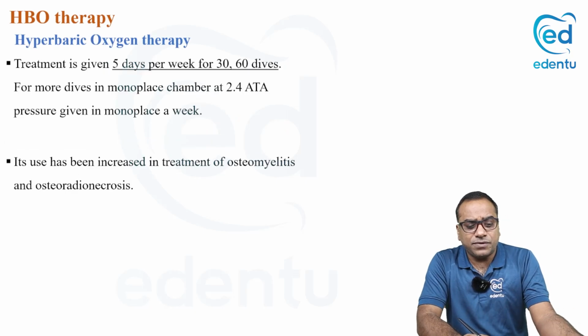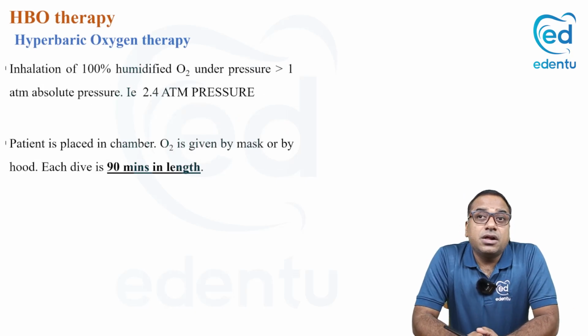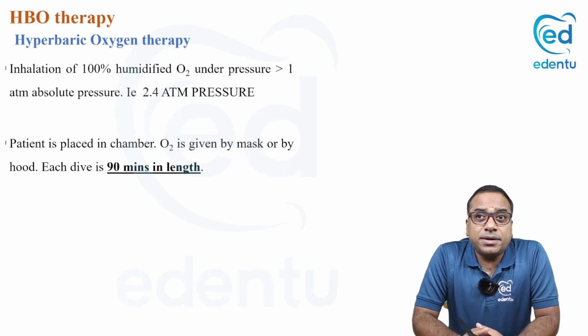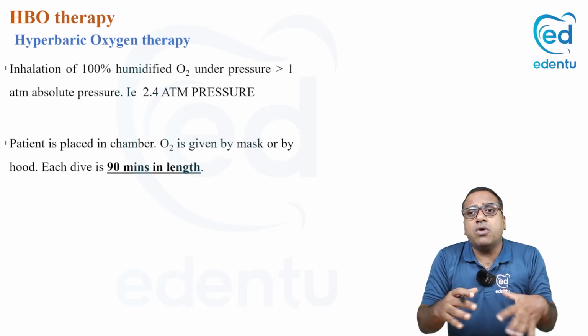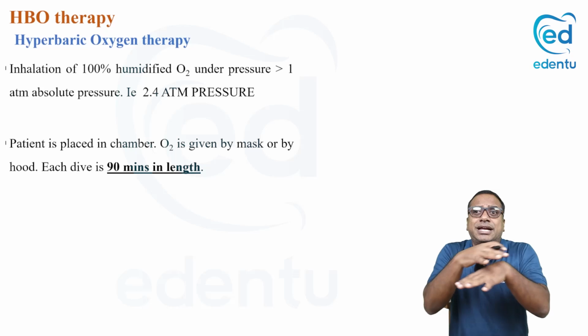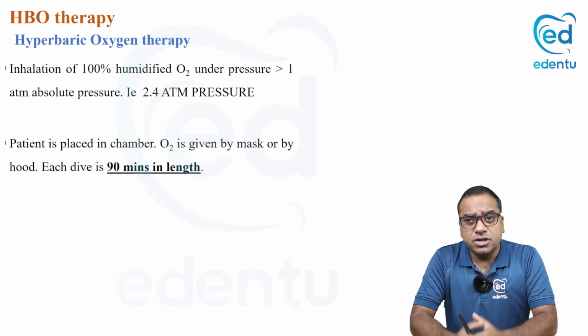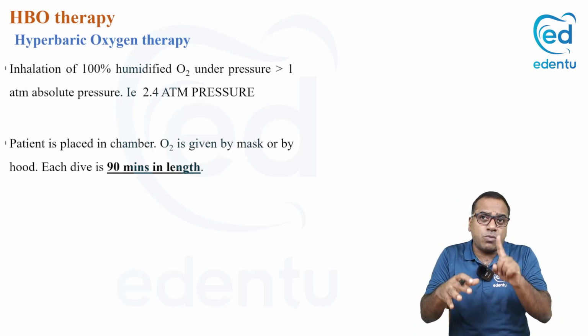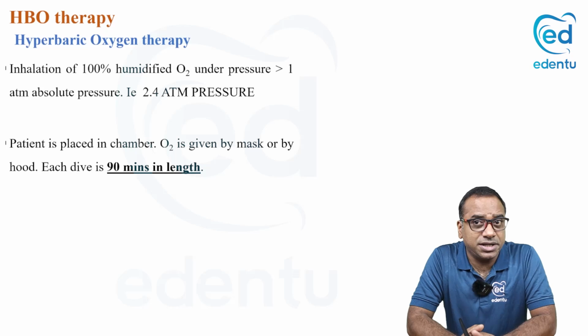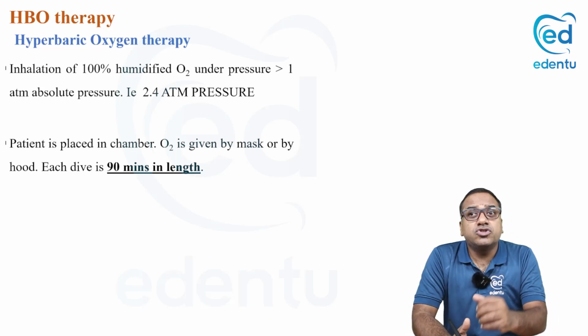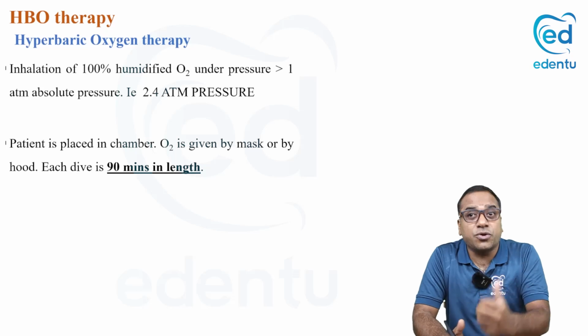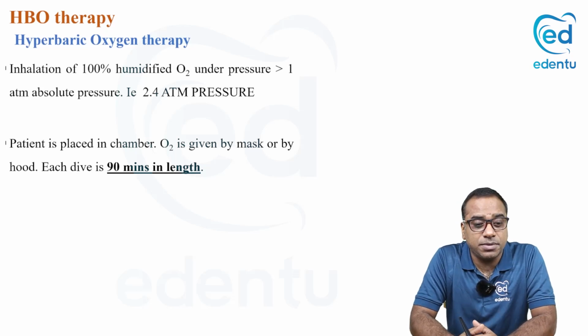So coming to the first one, that is HBO therapy. The patient developed this problem, that is osteoradionecrosis. Now, the atmospheric pressure is 1. In this atmospheric pressure of 1, the patient developed this condition. So we have to treat him at a different atmospheric pressure. We take the patient to a special room, that is the HBO chamber.